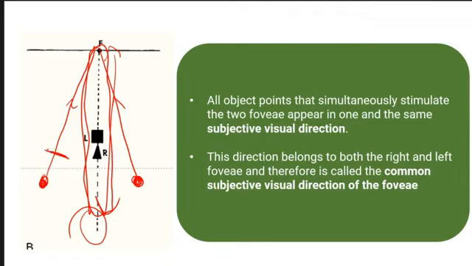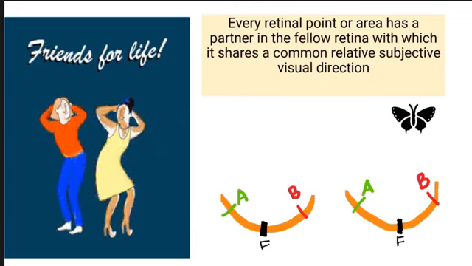So if you were to place a pencil here or a square here or a triangle here, all of them are going to fall on this common visual direction. So I hope this made sense, and now I hope you understand what a visual direction is and what a common subjective visual direction is.